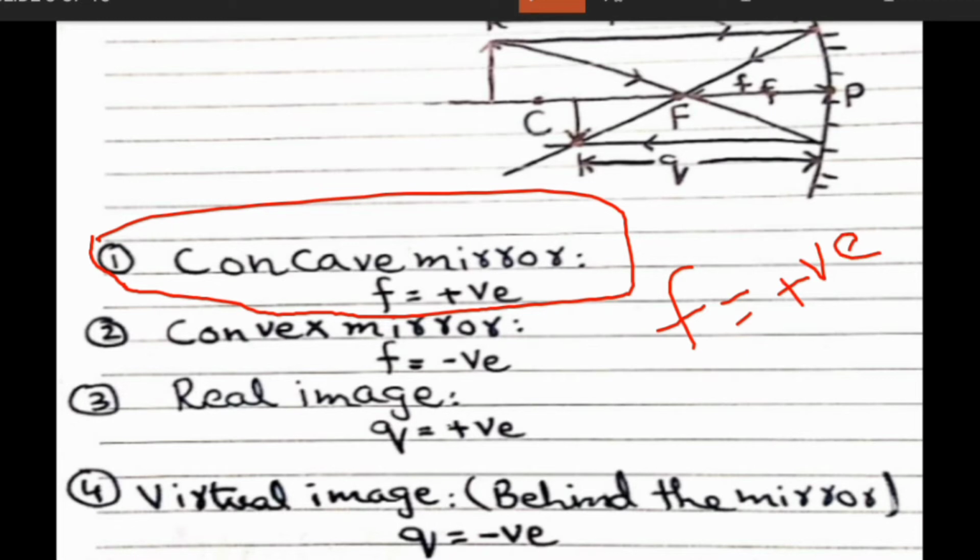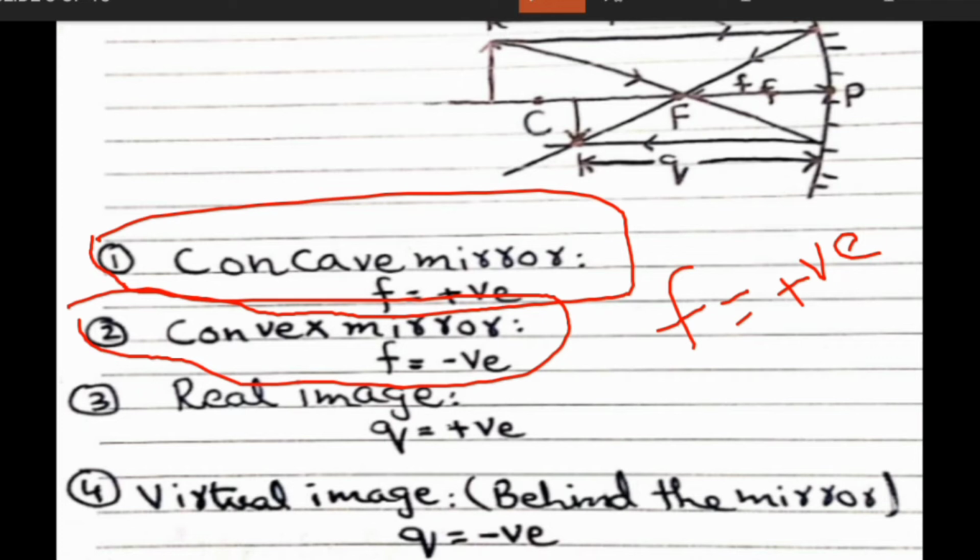For example, if it is written a concave mirror of focal length 10 centimeter, then in the data you will write f is equal to plus 10 centimeter. Similarly, if it is written a convex mirror of focal length 10 centimeter, then you will write f is equal to minus 10 centimeter.